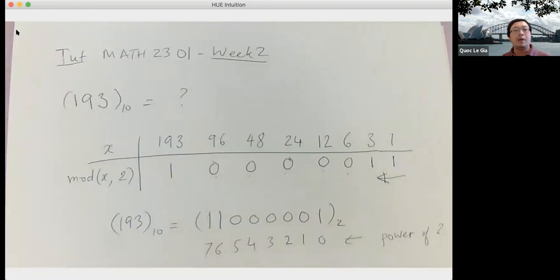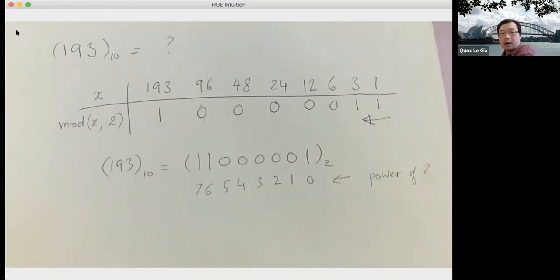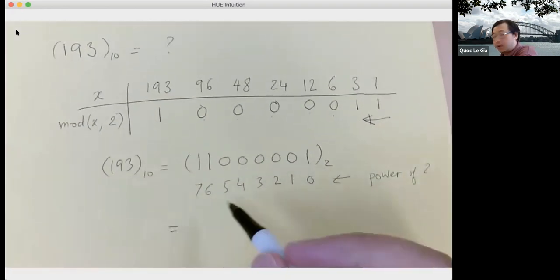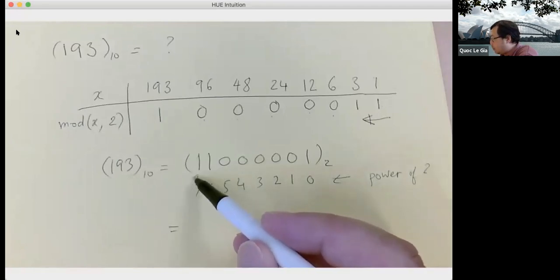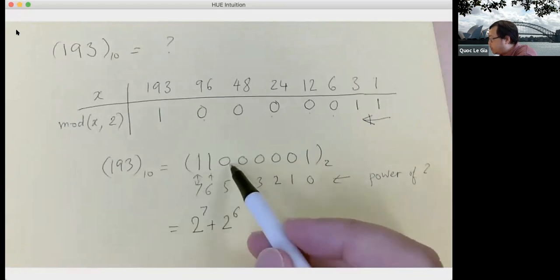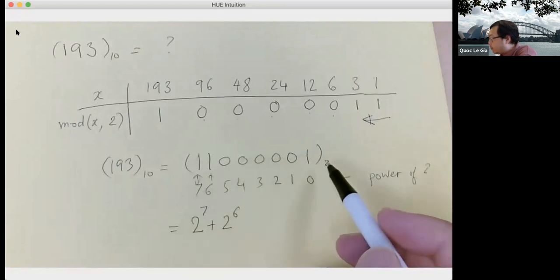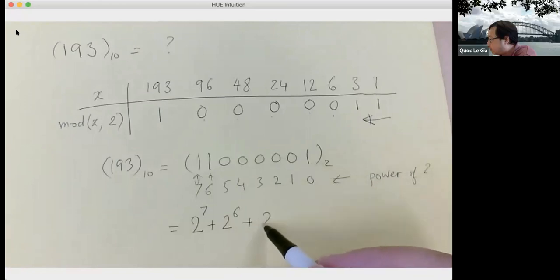Okay, that's fine. So now if I put my calculation here, the power is 7, so the leading 1 corresponds to 2 to the 7, plus 2 to the 6. And because all the rest are 0, I don't have to worry. I just have the very last one, which is 2 to the 0.